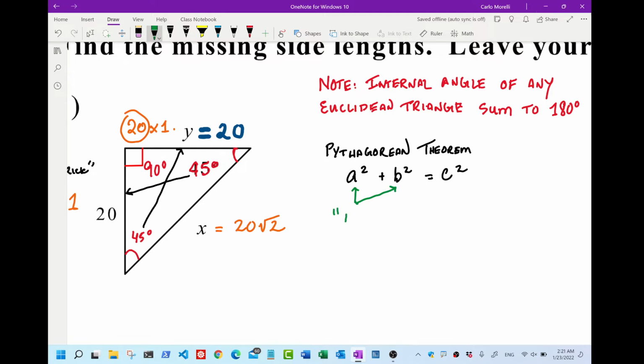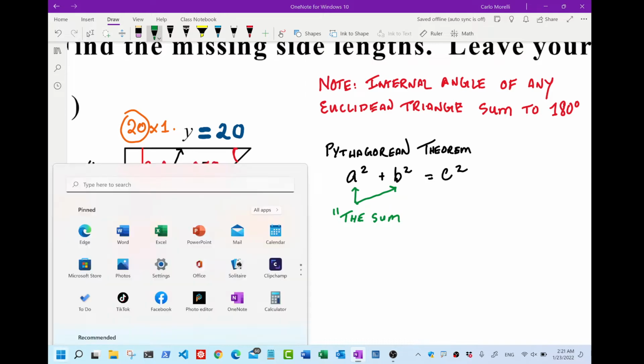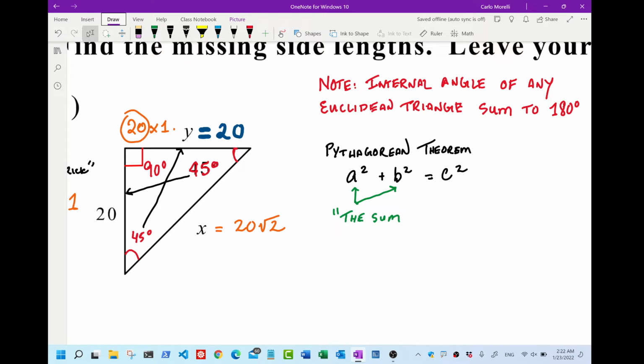We'll call them the sum of the squares of the two shorter sides of a triangle.